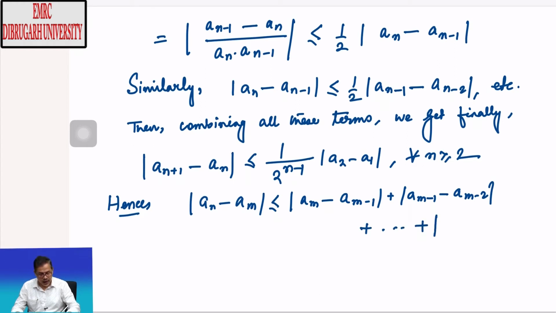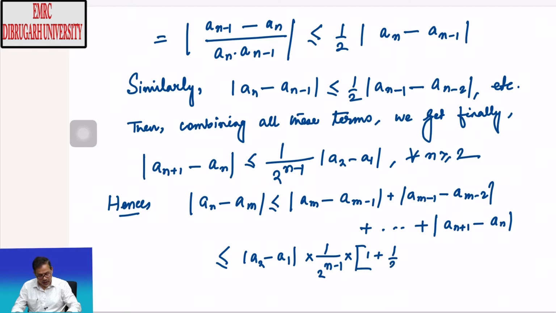Finally, we are going to get a_{n+1} minus a_n less than or equal to a_2 minus a_1 into 1 by 2 to the power n minus 1, multiplied with, taking the common, 1 plus half plus 1 by 2 square, and so forth, up to 1 by 2 to the power n minus 1.